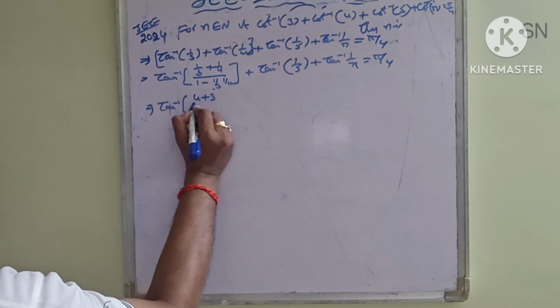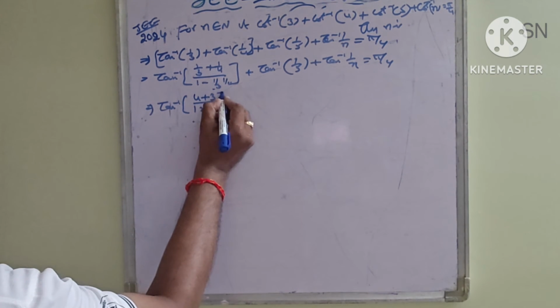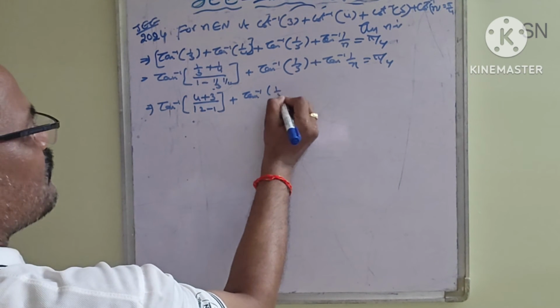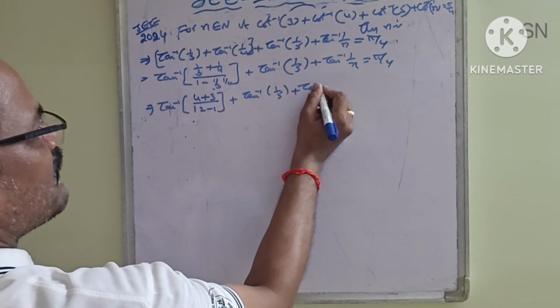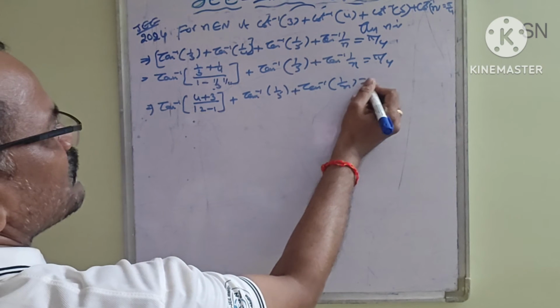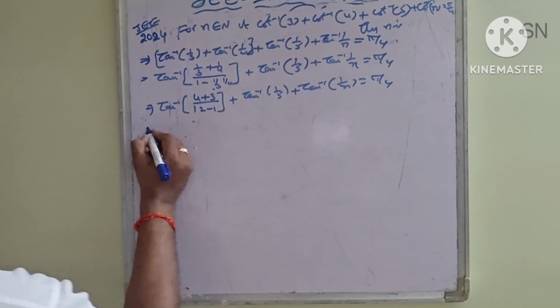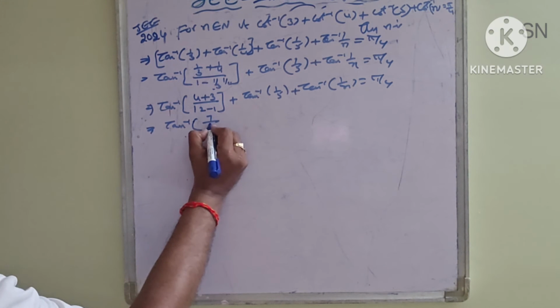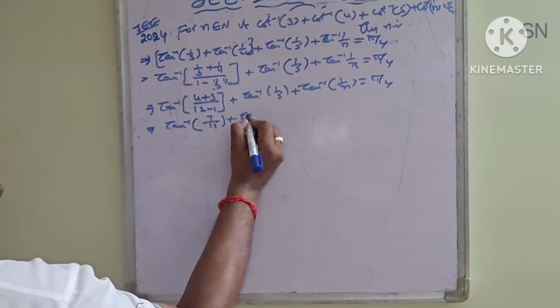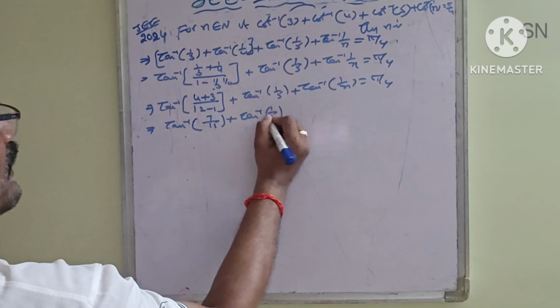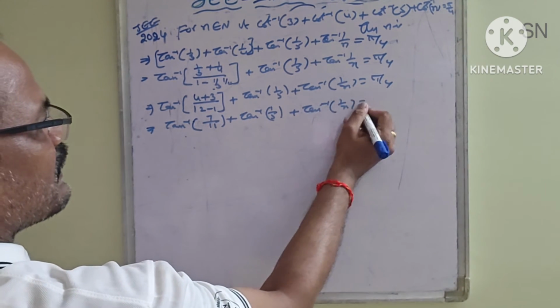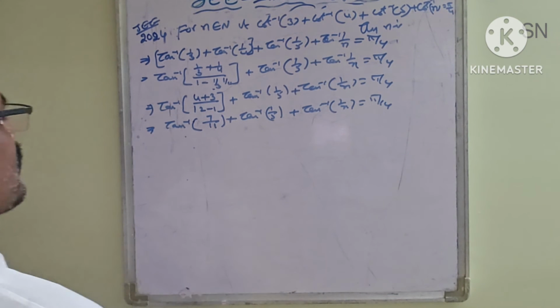Now 4 plus 3 by 12 minus 1 plus here same, tan inverse of 1 by 5 plus tan inverse of 1 by n is equal to pi by 4. Now here tan inverse of 7 by 11 plus tan inverse of 1 by 5 plus tan inverse of 1 by n is equal to pi by 4.